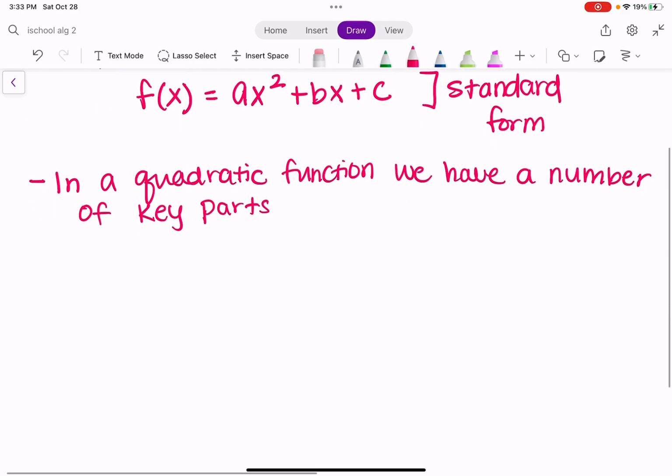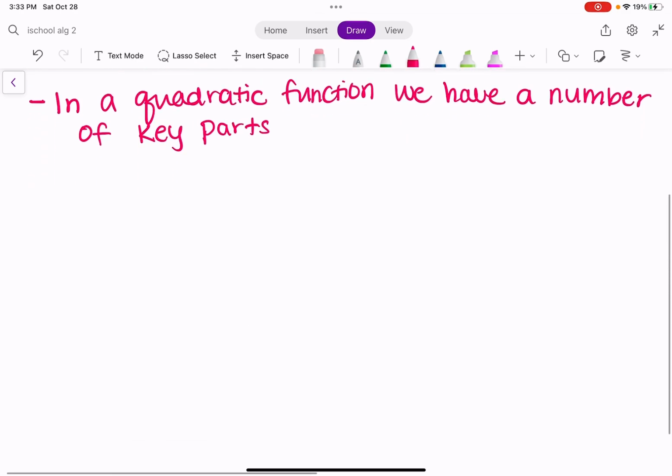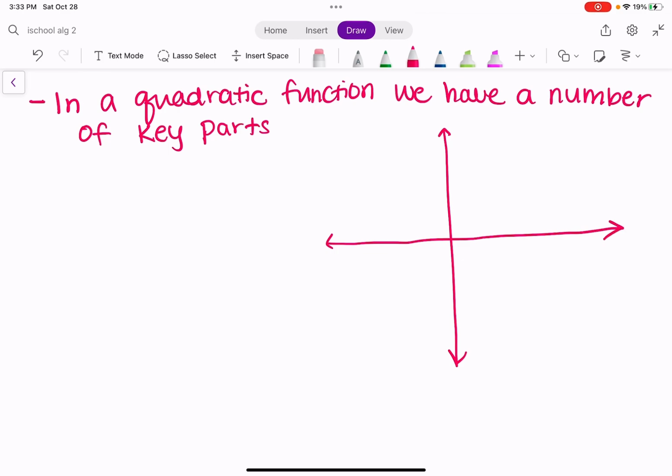So what I want you to do in your notebooks is you're going to draw axes like this, x and y, and draw a parabola similar to the one that I am drawing. Okay, obviously it's not perfect, it's just a sketch. And what we're going to do is we're going to define about 5 or 6 key parts, okay?